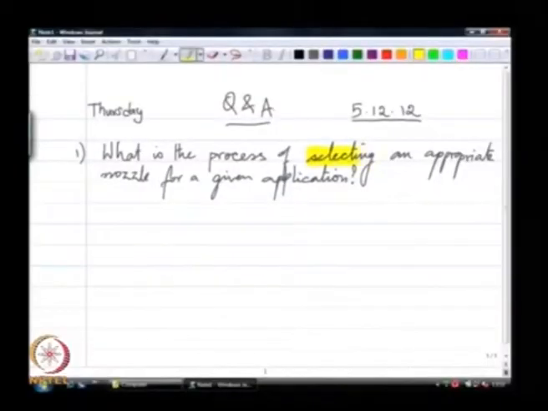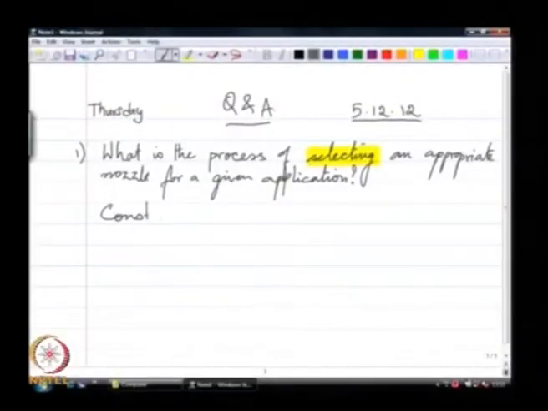This is obviously a very important question. Now, I want to emphasize one thing. I want to first emphasize this keyword, selecting. So, we are not going to talk about how a nozzle is to be designed. There are, let us say, 100 or a few thousand nozzles that are available. We are going to look at how to select the appropriate nozzle.